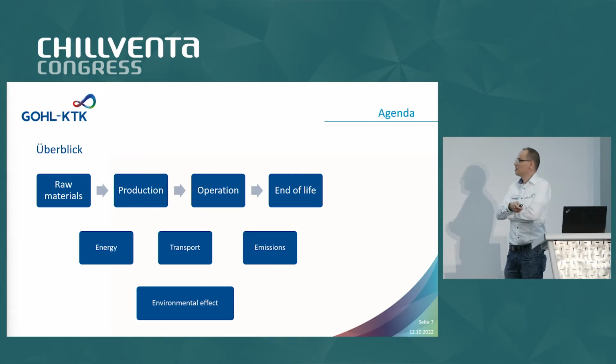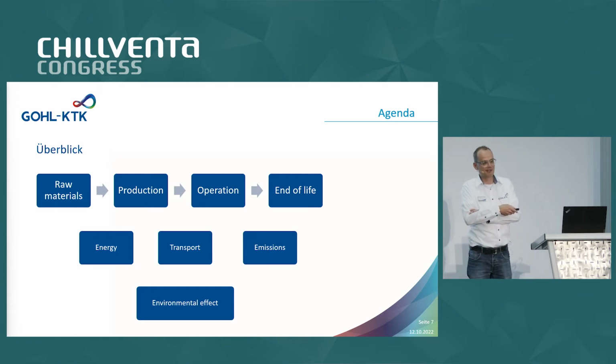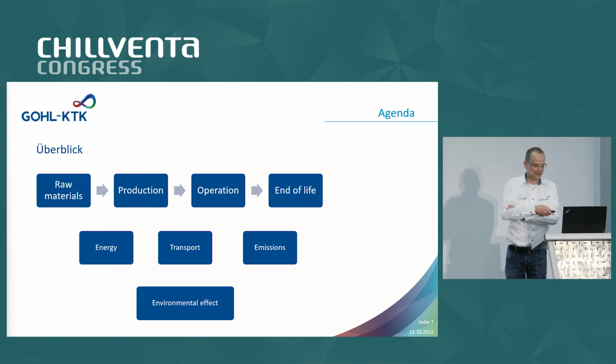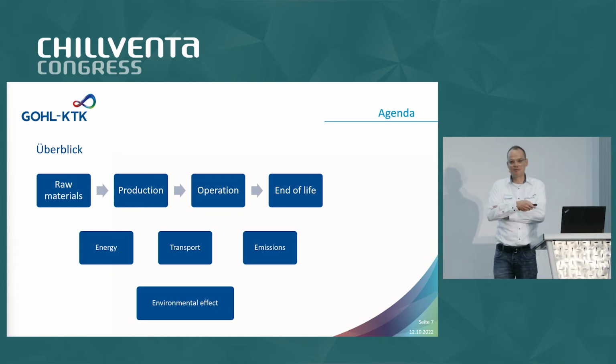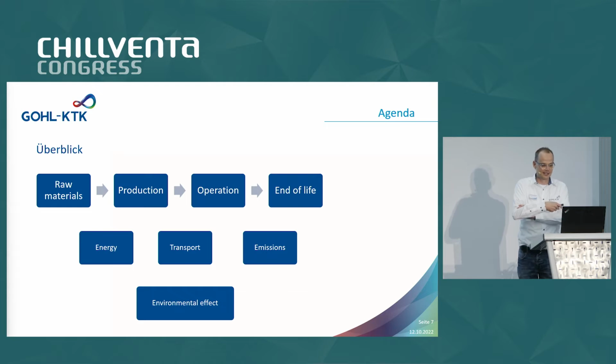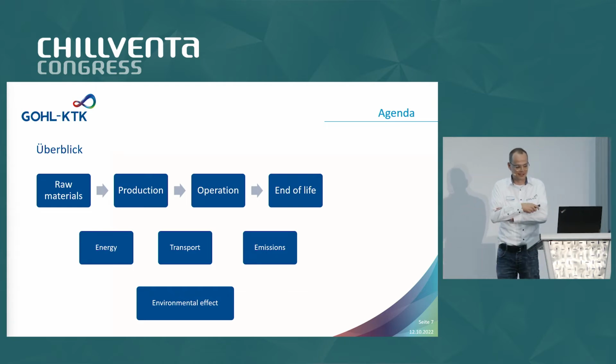Let me give you an overview of the points I will discuss mainly in the next 15 minutes. I will have a quick look at the raw materials used for the recooling system, a short view of the production, and of course the main topic will be operation of the cooling system. Afterwards we will have a short discussion about the end of life of the product.